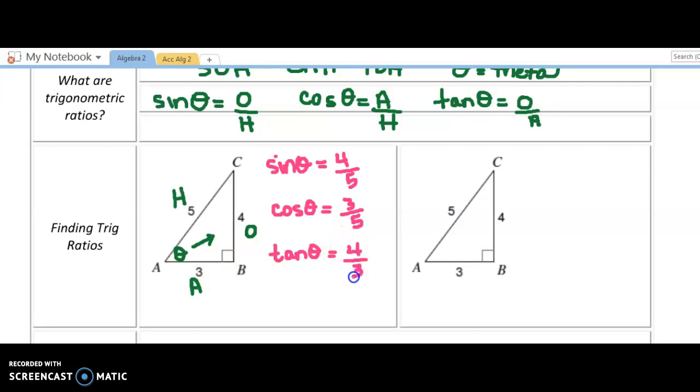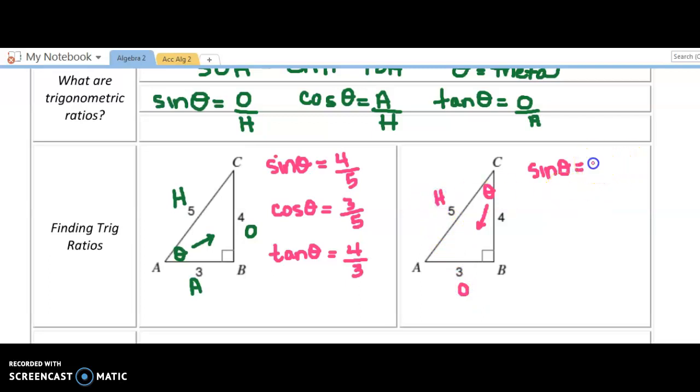over 3. So what would happen if now we changed our reference angle? Instead of being angle A, now we made theta angle C. So let's take a look. Now if we do sine of theta, remember opposite over hypotenuse, my opposite now is the 3, and my hypotenuse is still going to be 5.